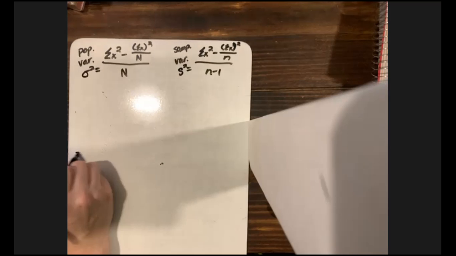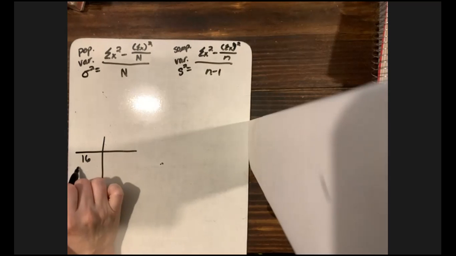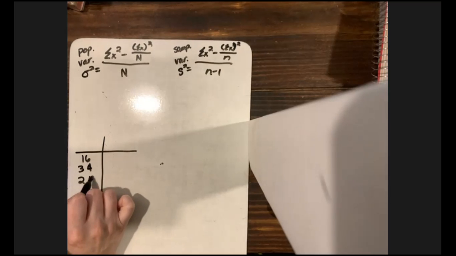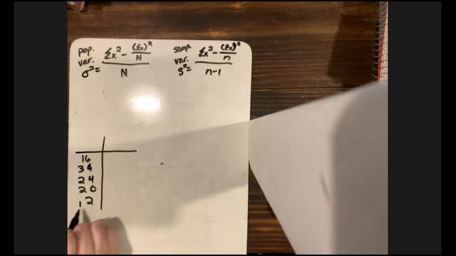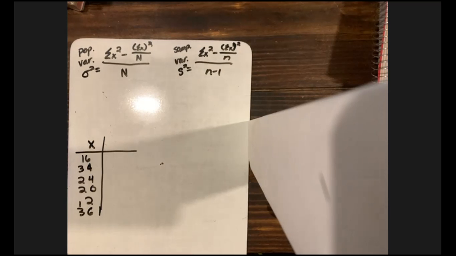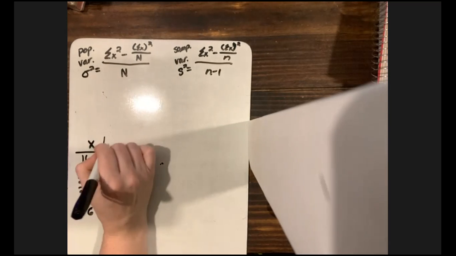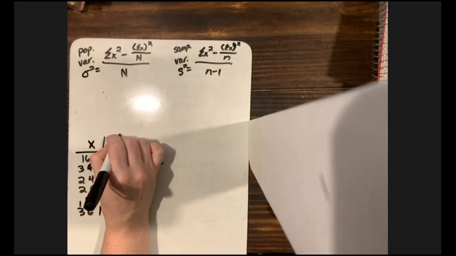Okay, so for this lovely problem, I'm going to write my set of numbers down. These are my x's. I'm really only going to need 2 columns to do all of this math. Looking through my formula, I'm going to need an x squared column.